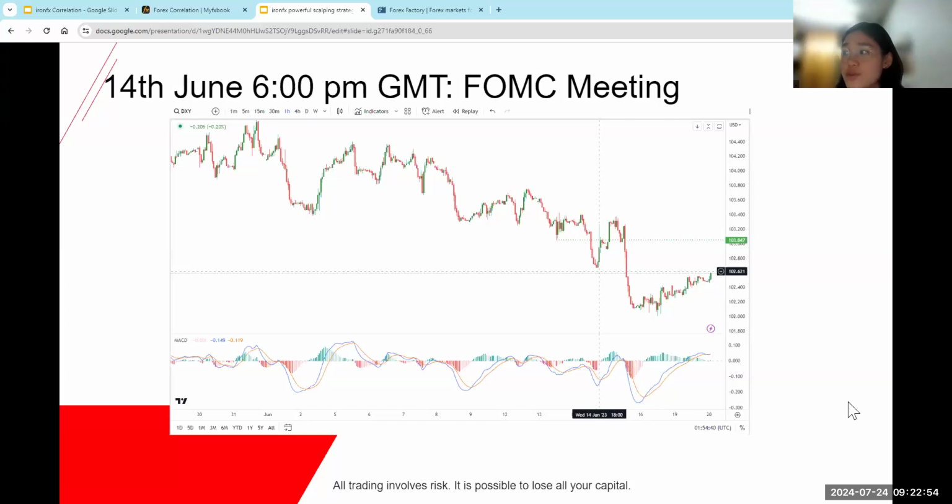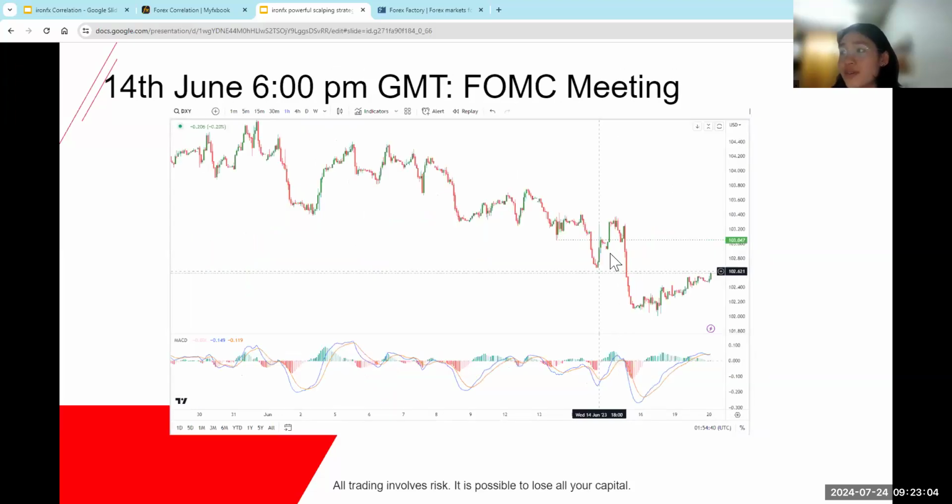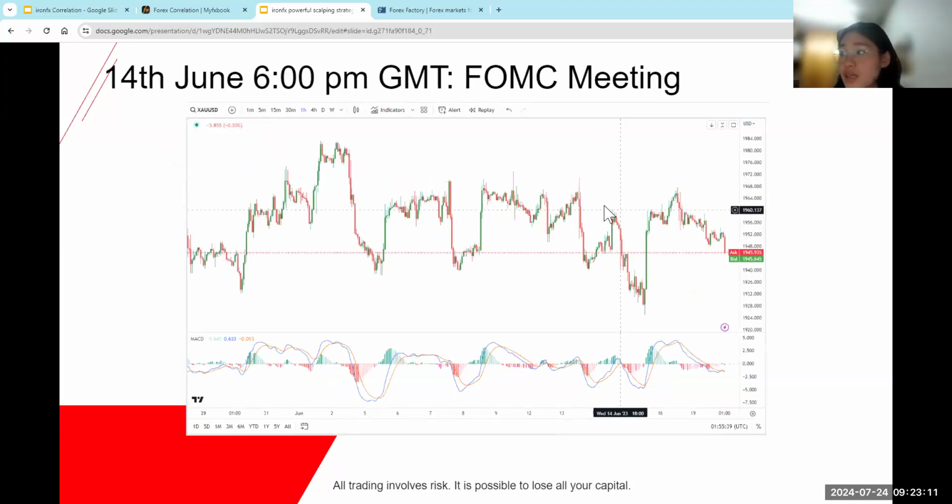For the FOMC meeting on 14th June, 6 p.m. GMT, we saw the opposite effect on gold. Prices shot up on our DXY, and prices dropped significantly on our gold, giving us a bearish momentum on our MACD indicator as well.